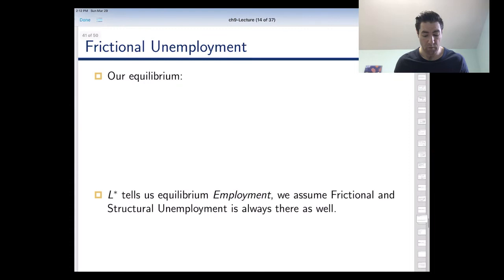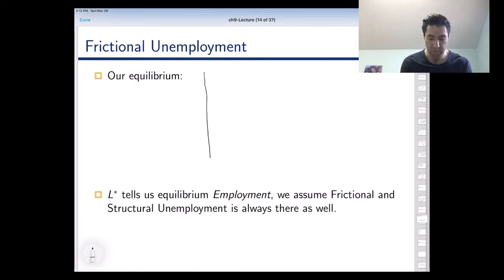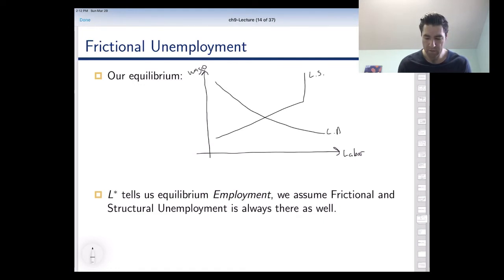We're going to have to make some modifications and take a few leaps of faith here to make this model gel with reality. So just to remind you what our equilibrium looks like here, we have labor and the wage, labor supply and labor demand. And the equilibrium clears that labor market at W star and L star.